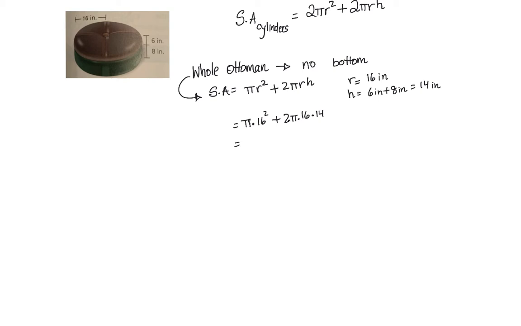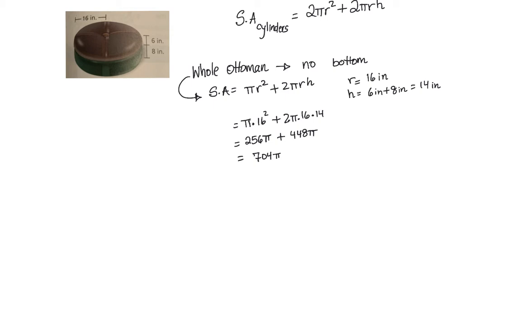If I compute this, I find that this is 256 pi, because 16 squared is 256. And when I do 2 times 16 times 14, I end up with 448 pi. Combining all of this together, I get 704 pi as the surface area of the ottoman, no bottom.